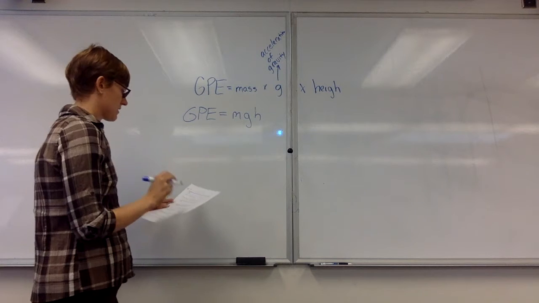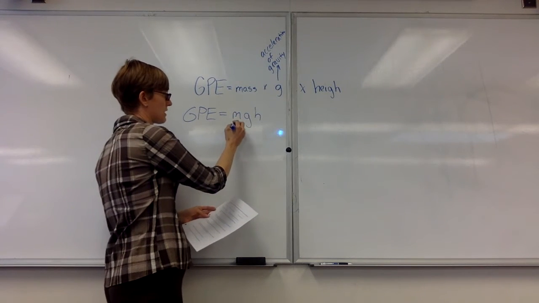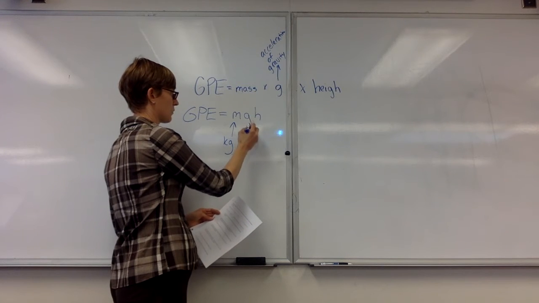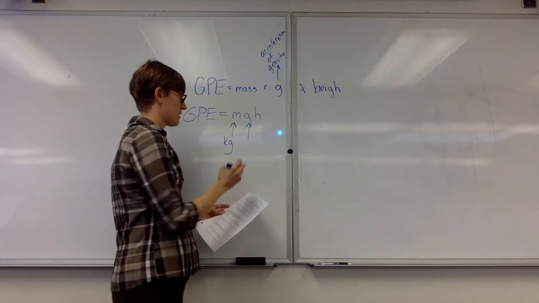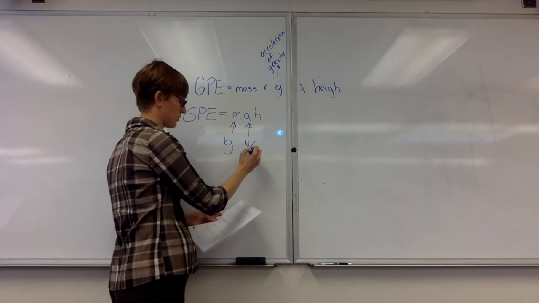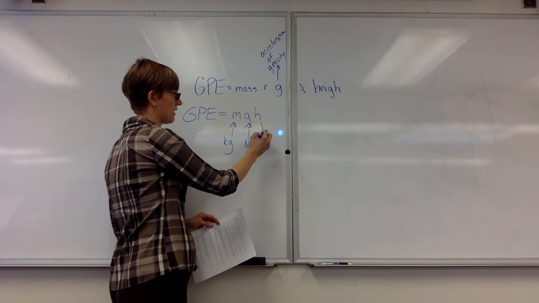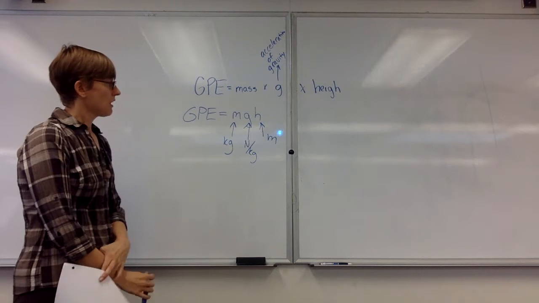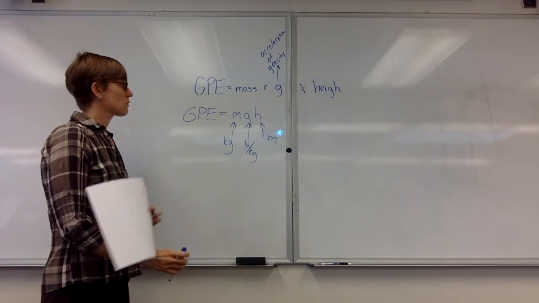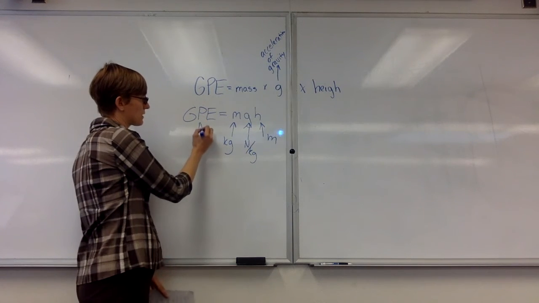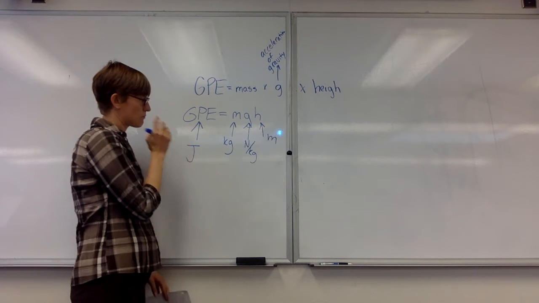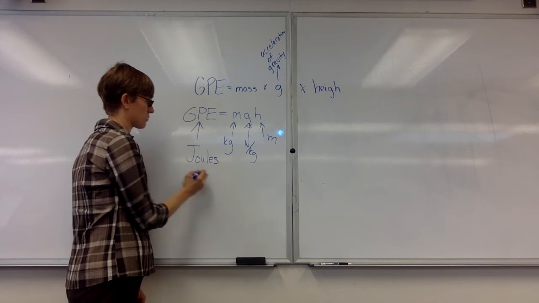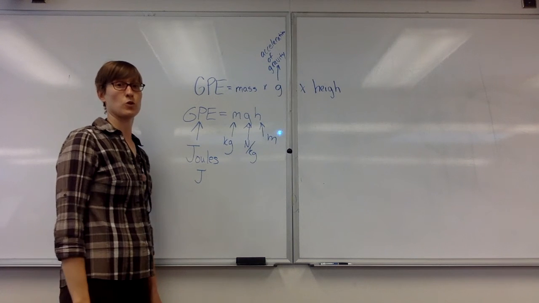So when we're doing this, the mass is always going to be measured in kilograms. We're not going to worry about the unit on g, although it's newtons per kilogram. And for h, we measure in meters. Okay? So our answer, potential energy and kinetic energy, both are measured in joules, which we can use J as our symbol for joules.